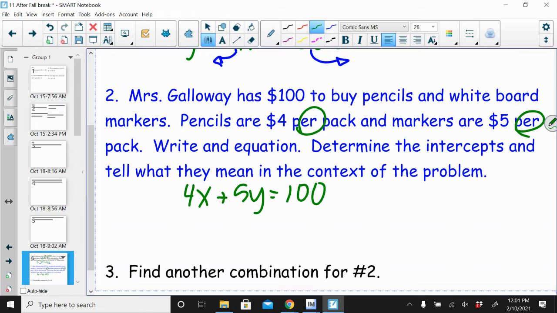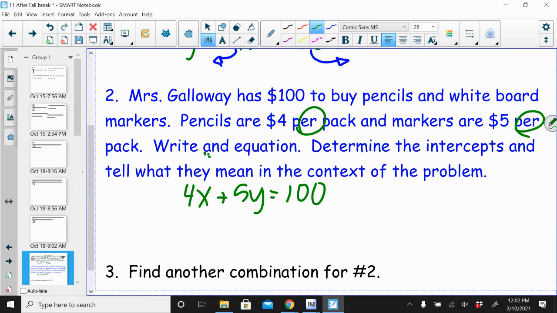It just asks you to write an equation, and that's an equation. But that's one thing it's asking you to do. Then it says determine the intercepts. And then it says tell what they mean in the context of the problem. So you should have the equation, you should have 2 ordered pairs, and then you should have words written down somewhere.